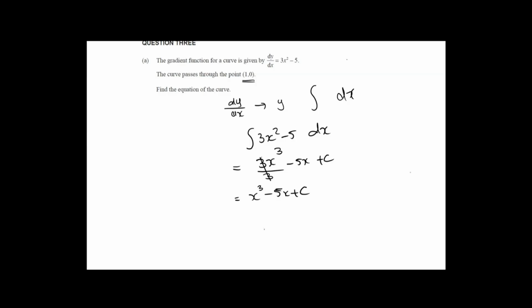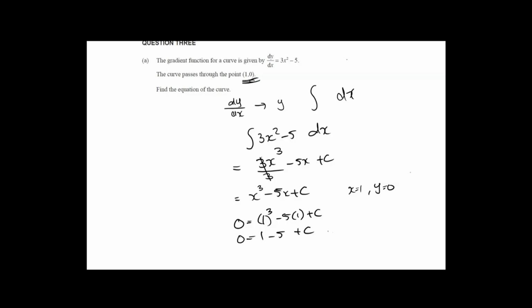So we've got it up to c. How are we going to find c? Well, we're going to use this ordered pair, this initial condition that we've got, and that tells us that when x equals 1, y equals 0. So 0 is going to be equal to 1 cubed minus 5 times 1 plus c, and then we solve for c. So 0 is going to equal 1 minus 5 plus c.